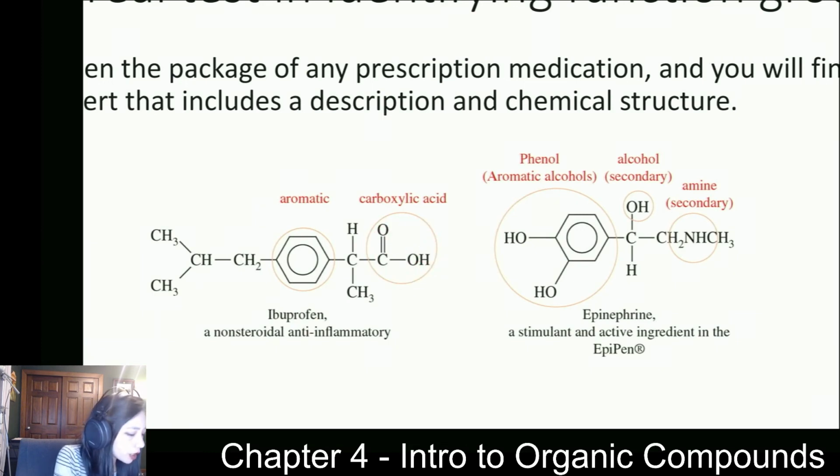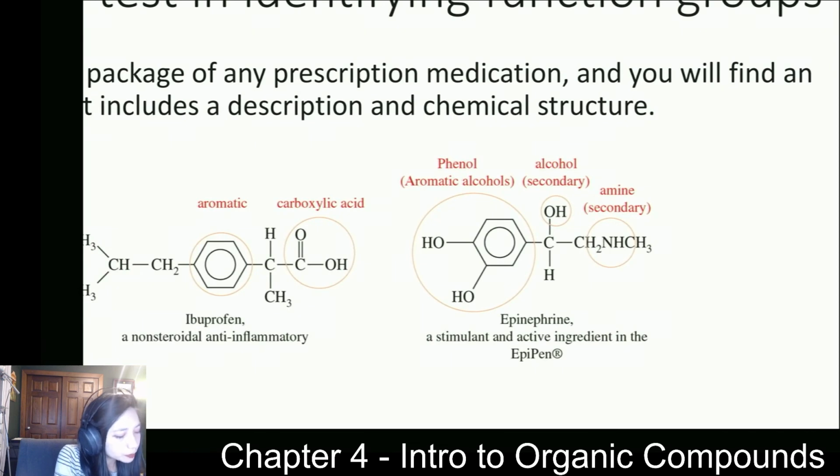So you can see some carboxylic acids. Here is a branched carbon chain. Look, here's an aromatic ring. On our EpiPen example, we have an aromatic ring, but there's some OH groups on it that make it an alcohol. So specifically, when there's an OH group on an aromatic ring, we call that a phenyl group.